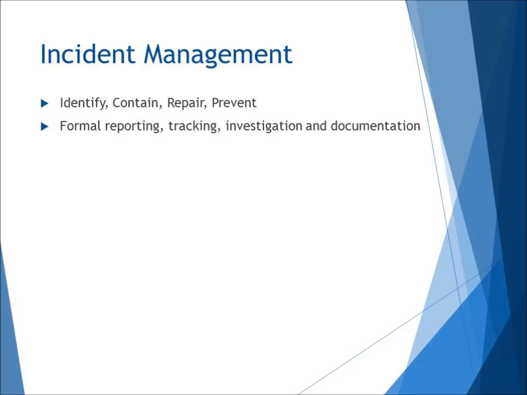I talked about this incident management process. This is something that I think that all of us should already have, and if we don't, we need to put this on our to-do list, that you need to have a way to identify, contain, repair, and prevent incidents within your organization. It should outline a very formal reporting process that all staff could be notified how and when they're supposed to report incidents.